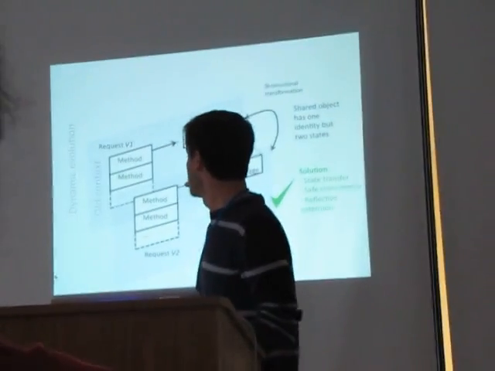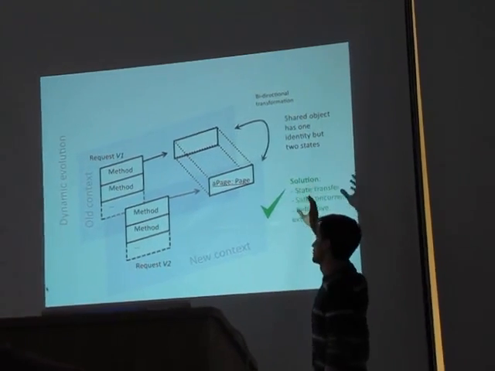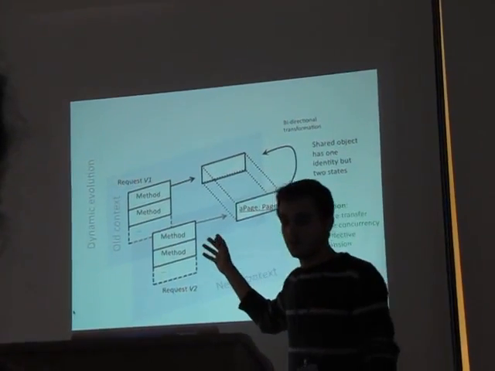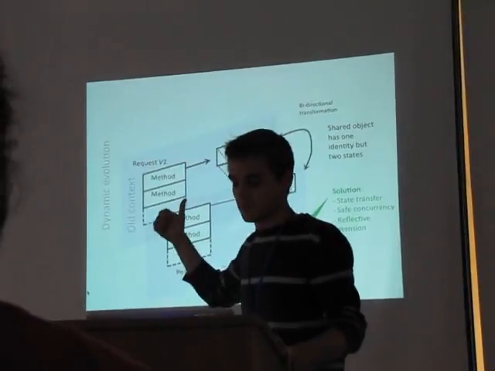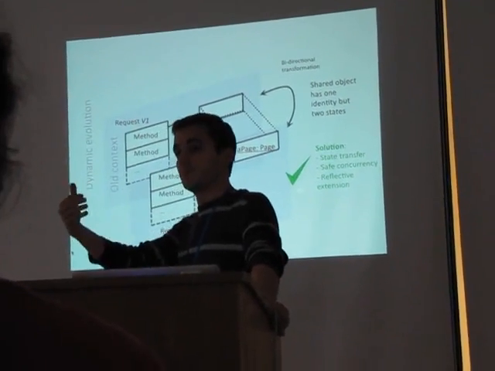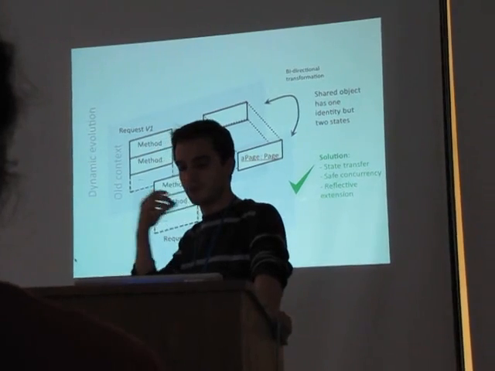And to synchronize the representations, we provide a bidirectional transformation. And this simple setting supports the state transfer, the migration of the object, because in the transformation we can specify how we want to migrate the model, the object.